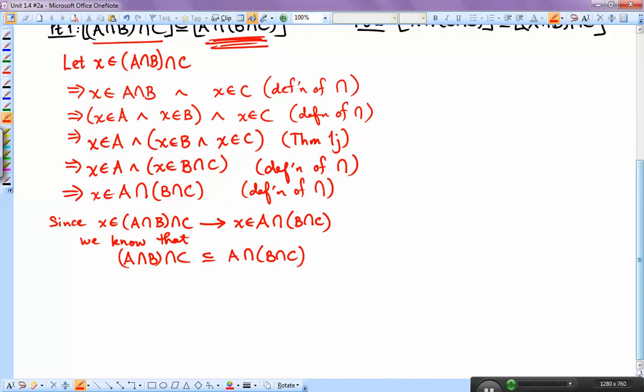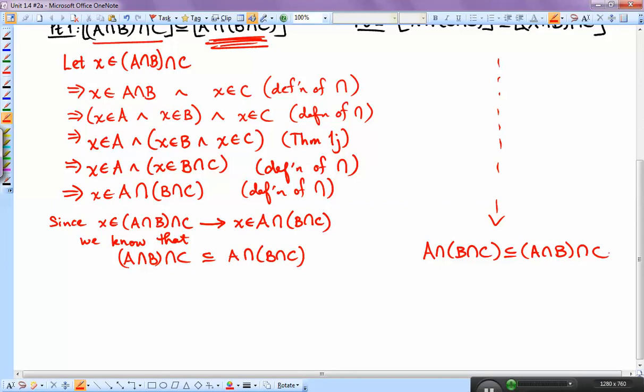And then once you're done, so you're going to work out this whole thing. And then at the end, we know that A intersect B intersect C is a subset of the first one that we originally had, like that. And then you need one more finishing line.